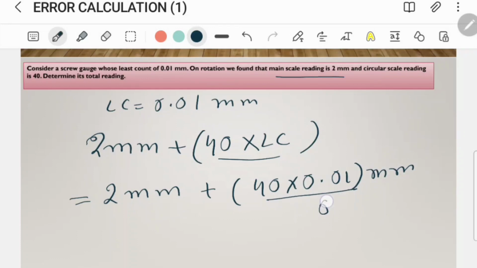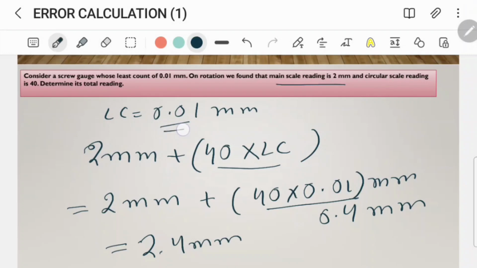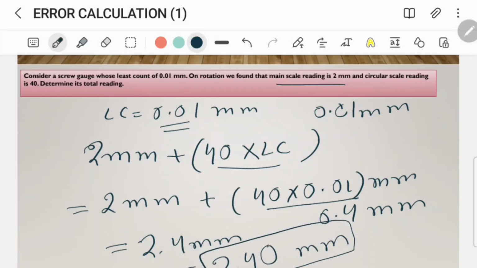So this becomes 0.4 millimeter. Our total reading becomes 2.4 millimeter. But remember that this is given up to the accuracy of 0.01 millimeter. So we have to write our answer up to 2 digits after the decimal. So 2.40 is the accurate answer.